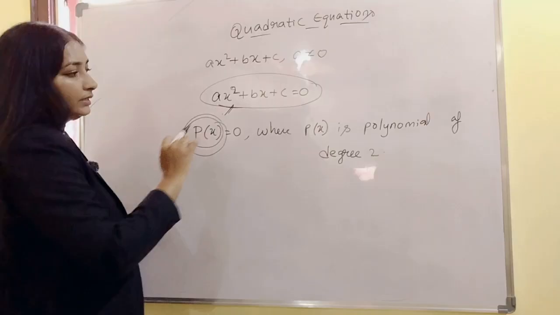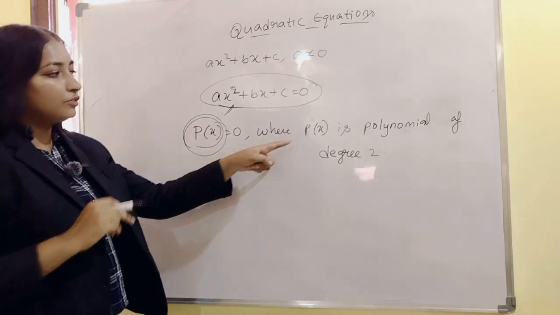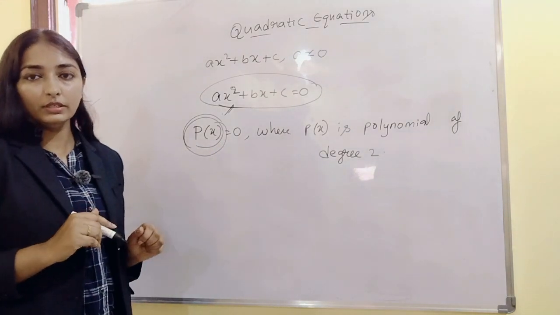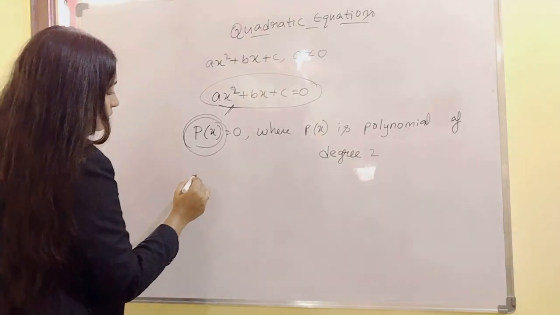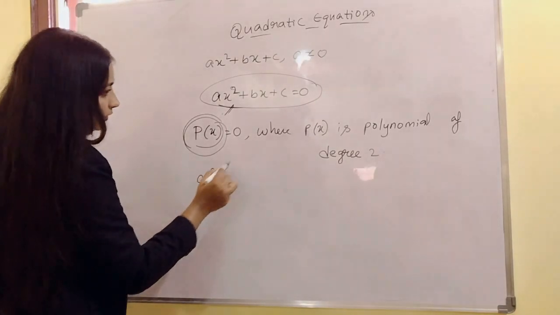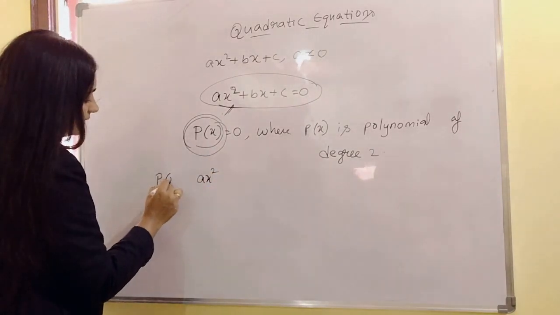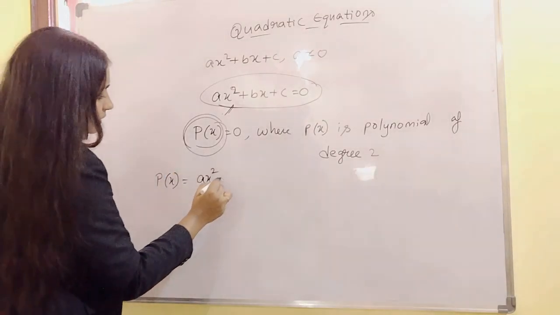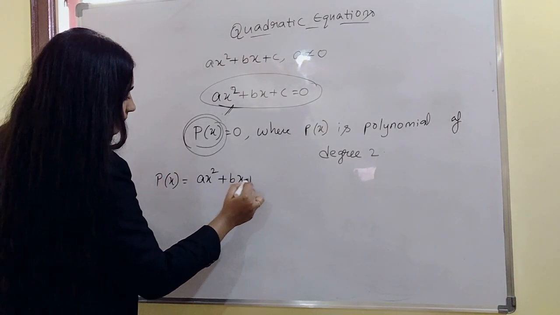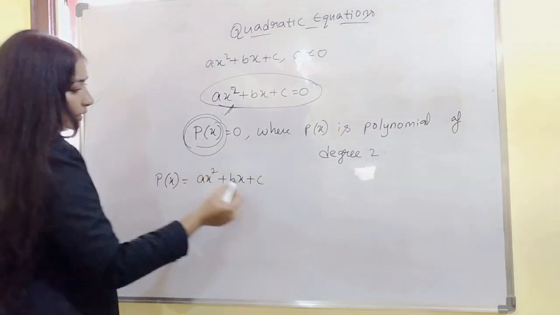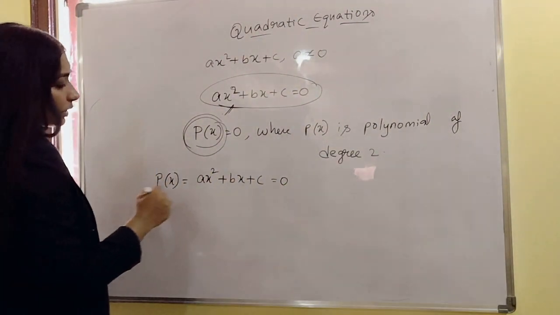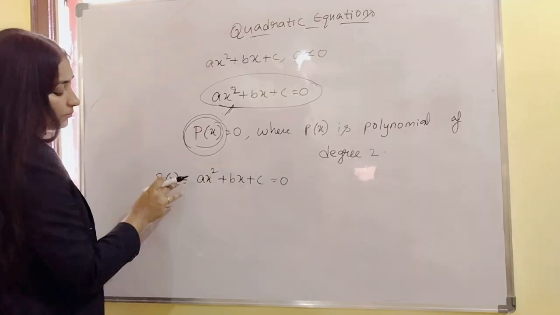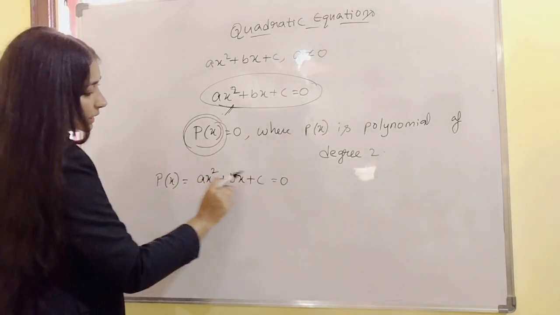When we write the terms of a polynomial in descending order, we get the standard form of the quadratic equation. So I am writing p of x, that is the quadratic polynomial, ax square plus bx plus c. When we equate to 0, we will get the quadratic equation. How did I write the terms of the polynomial in descending order?